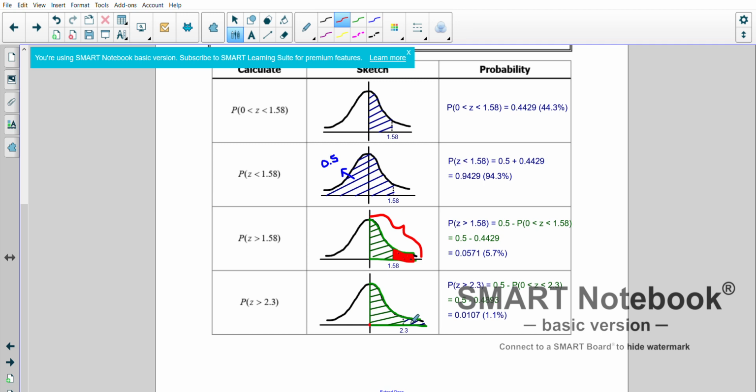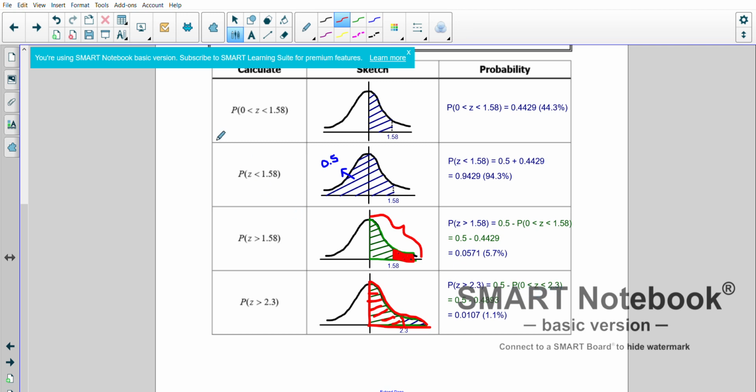There's no way to figure out this shaded blue region directly, but what I do know is that this is 50% of the data, and if I subtract this, it will leave me with the blue. So the probability that z is greater than 2.3, again, it's going to be 0.5 minus the probability 0 less than z less than 2.3 positive. This is the green, which I've now colored over in red.